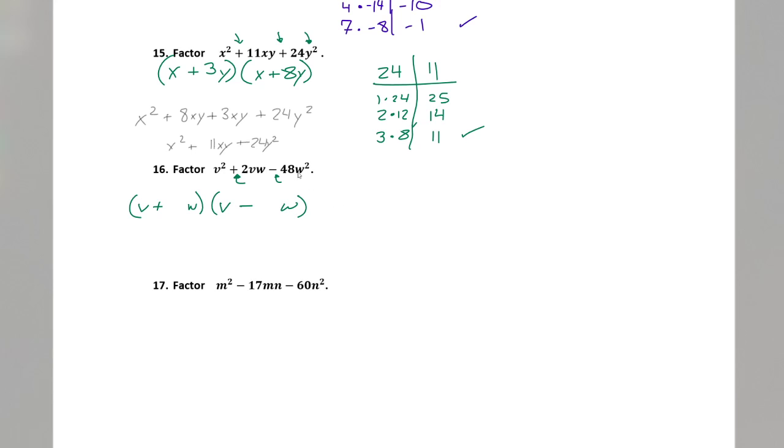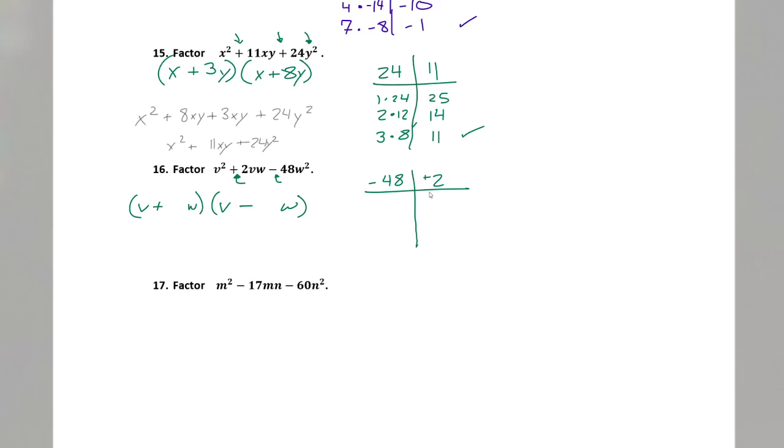Add the w, because we're dealing with w squared at the end. So what are our factors of 48, specifically negative 48, that add up to be positive 2. So because it's a positive 2, it's a positive sum.